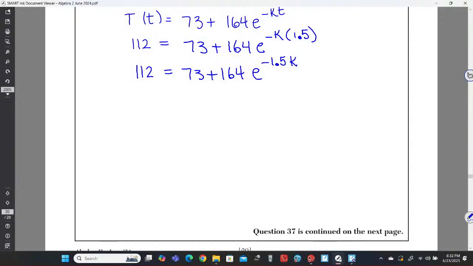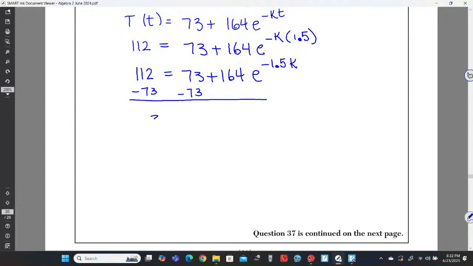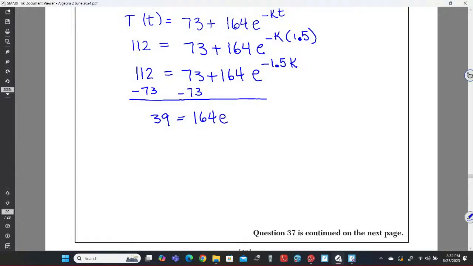First things first, minus 73, minus 73. That's going to give us 39 equals 164 e to the negative 1.5k. Divide by 164 on both sides, and that gives me e to the negative 1.5k equals 39 divided by 164.